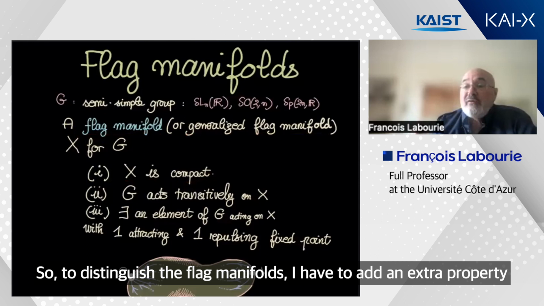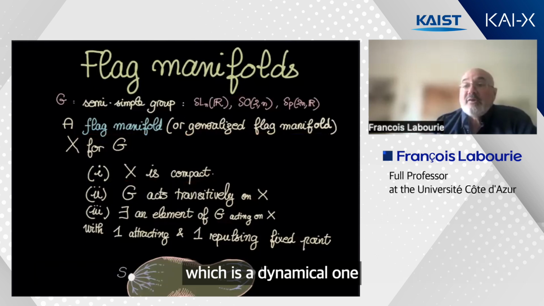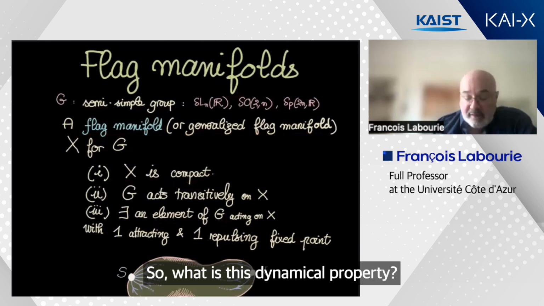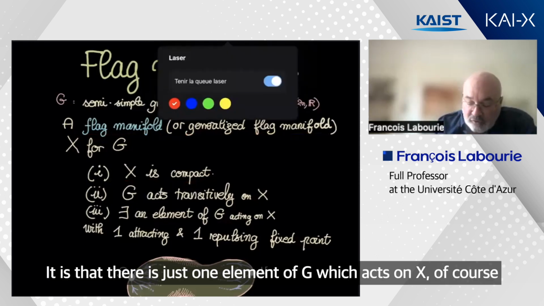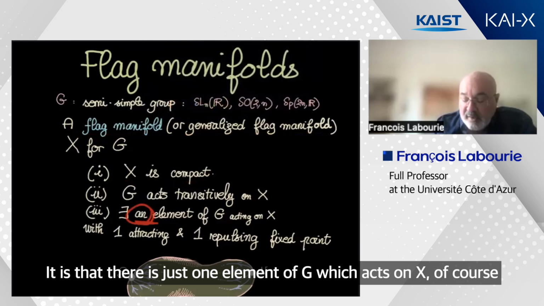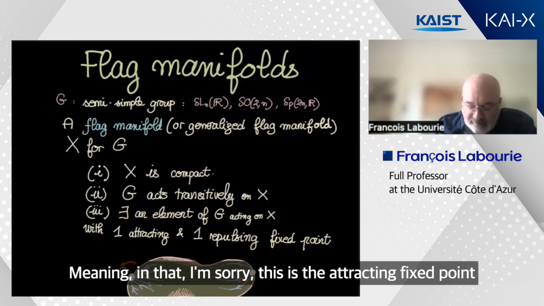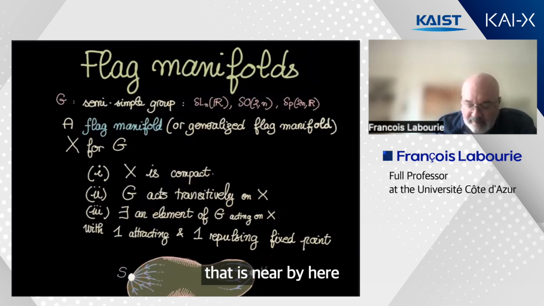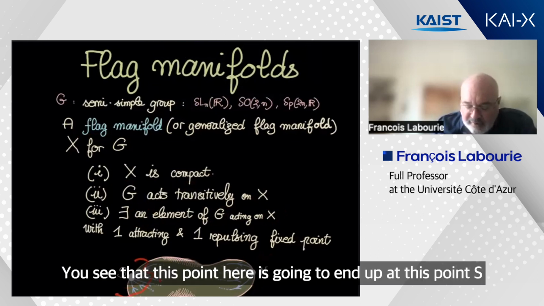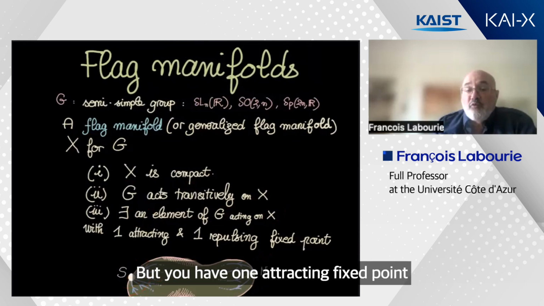To distinguish the flag manifolds, I have to add an extra property, which is a dynamical one. What is this dynamical property? There exists at least one element of G which acts on X and has exactly one attracting fixed point, meaning that a point nearby is going to end up at this point.